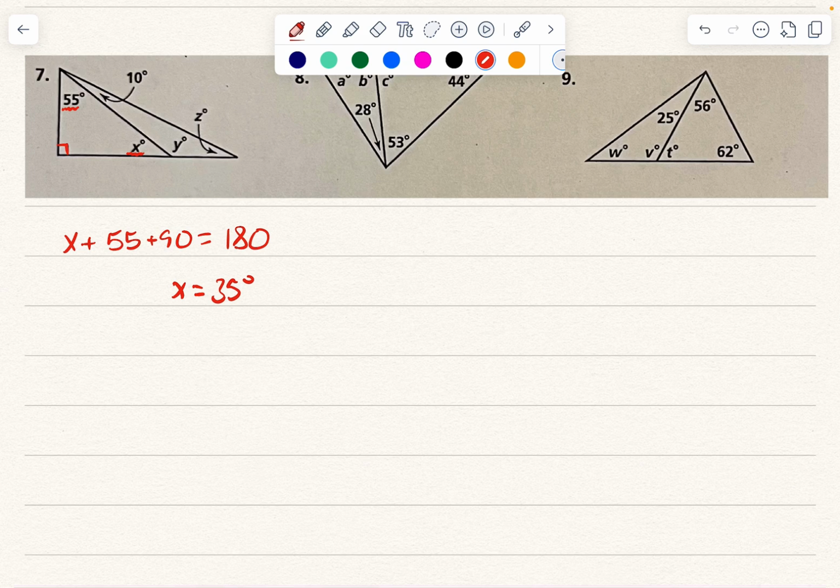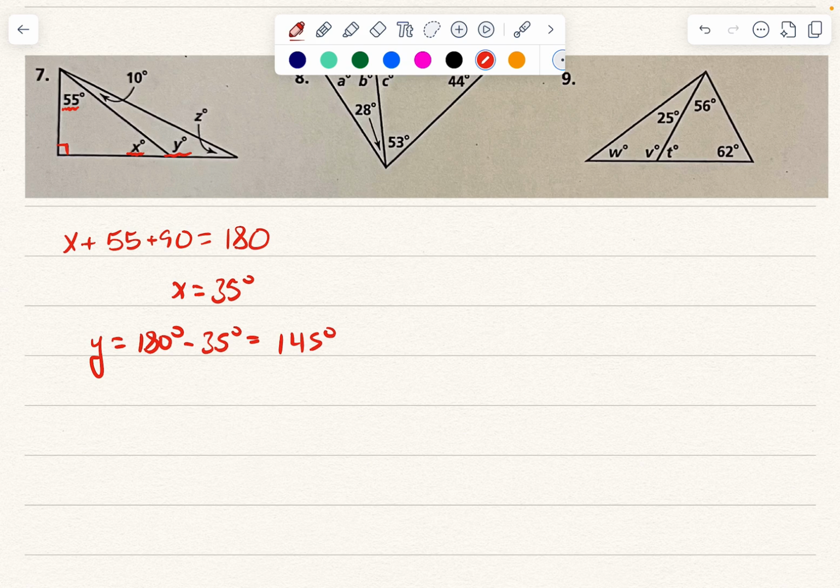Well, we know that y right next to it must be supplementary to 35. So therefore, y must be equal to 180 minus 35. And so that leaves us with 145. So y must be 145.